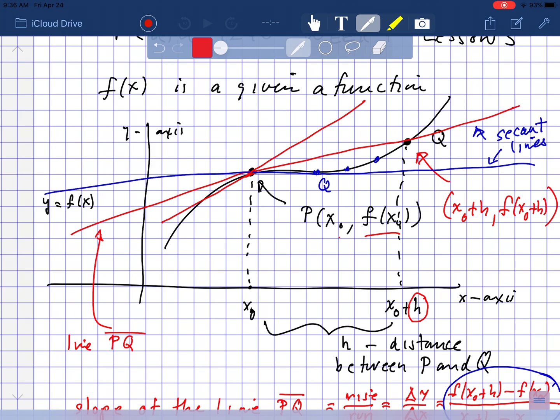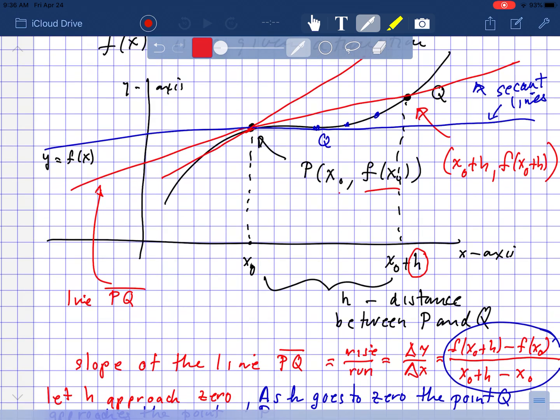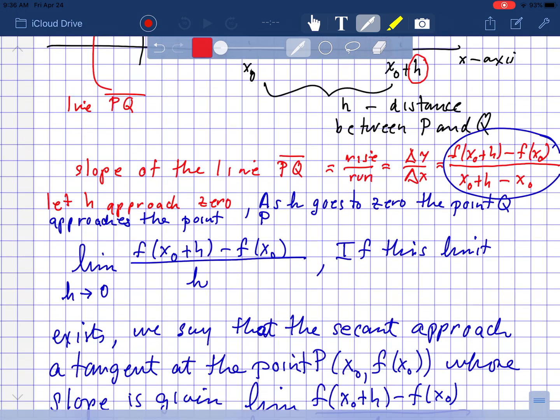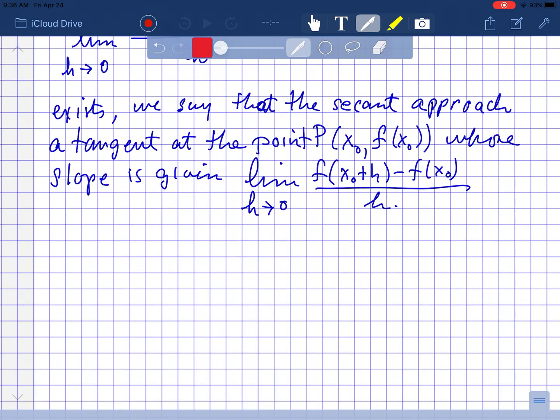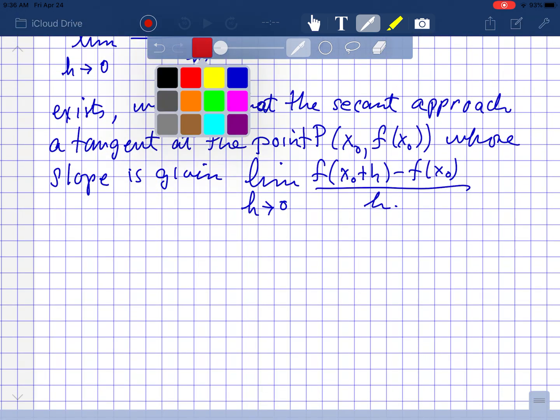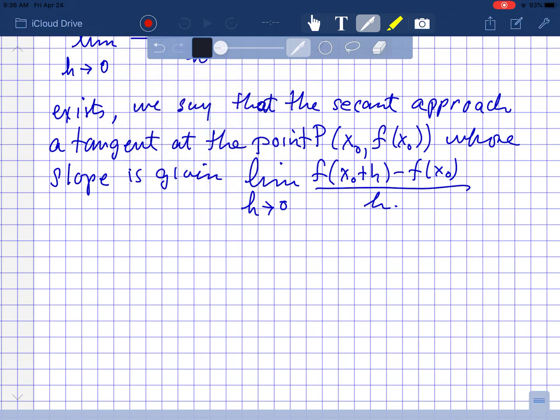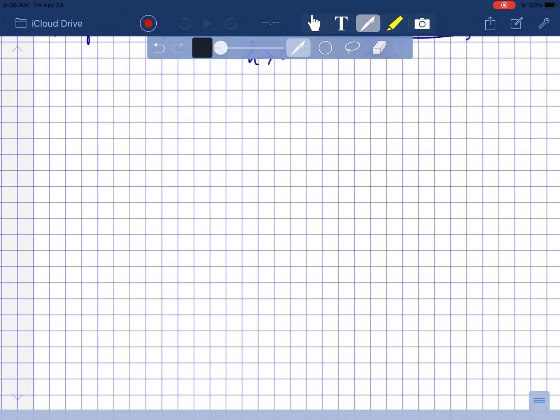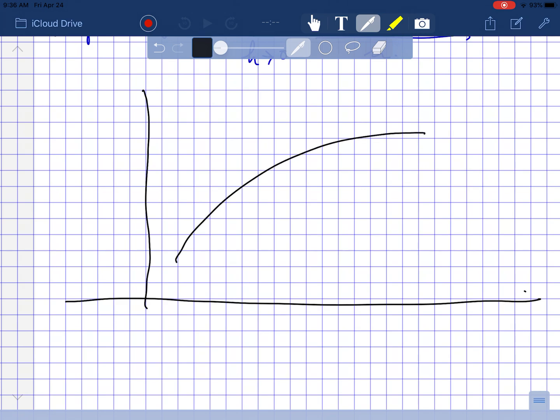And actually what we could do is, let's make another drawing to help us see what's going on. So again, here I have a curve. I'll make it like that.